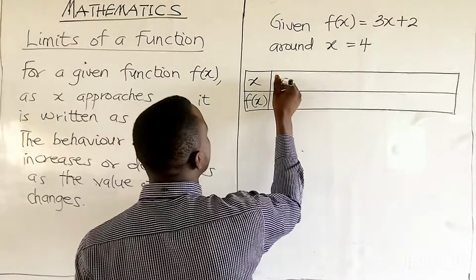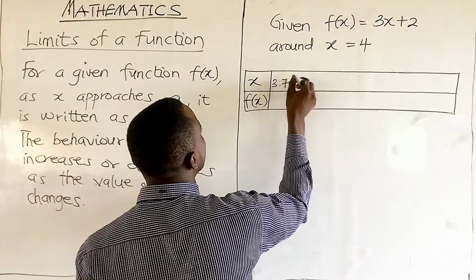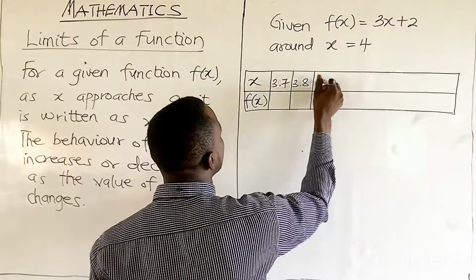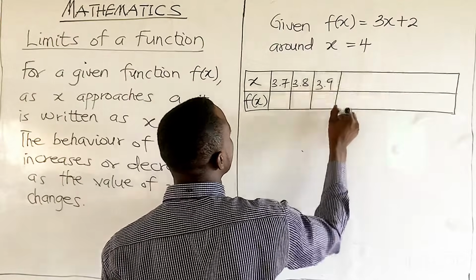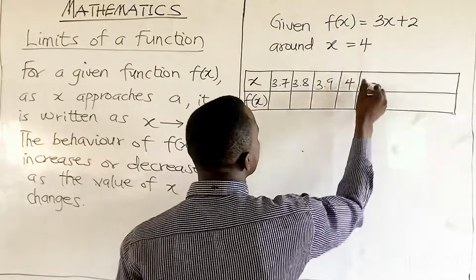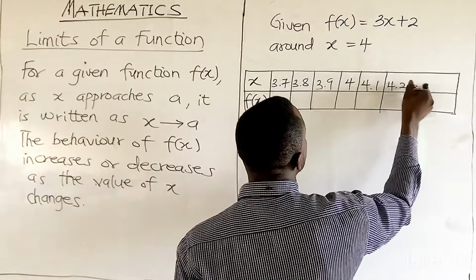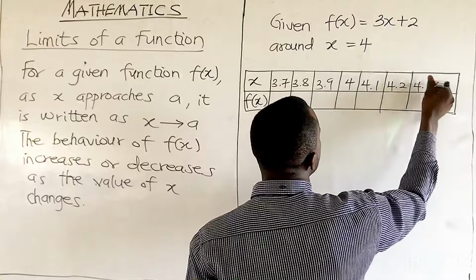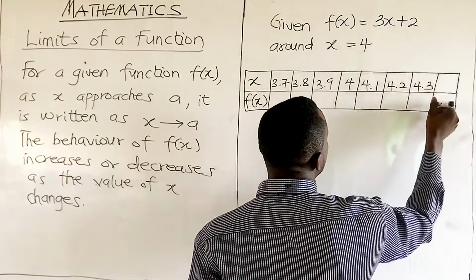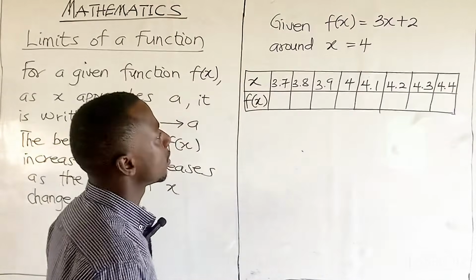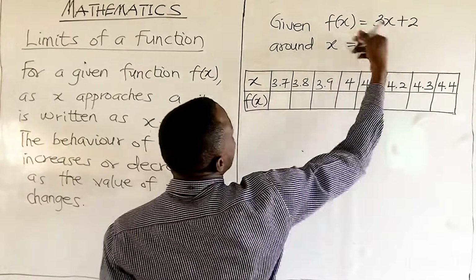I am going to start from 3.7, 3.8, 3.9. We have 4, 4.1, 4.2, 4.3. Now let me add 4.4. So we are going to make substitution.